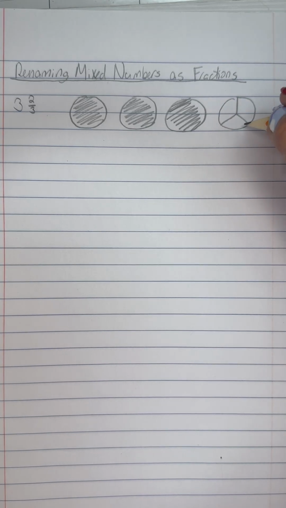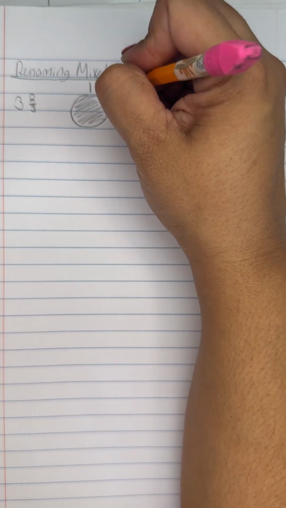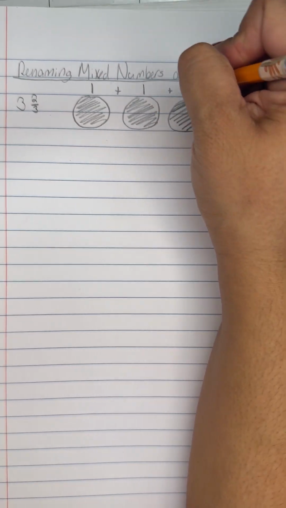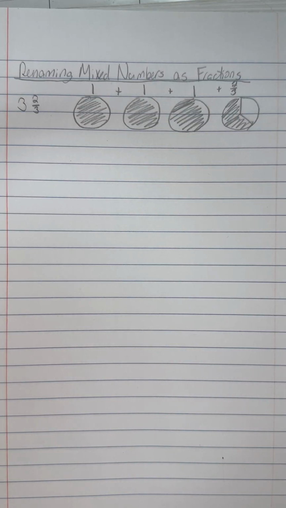That's usually a similar spacing. So I have 2/3, so 3 wholes and 2/3. 1/3, 2/3. So that's 1 plus 1 plus 1 plus 2/3 to get us 3 2/3.